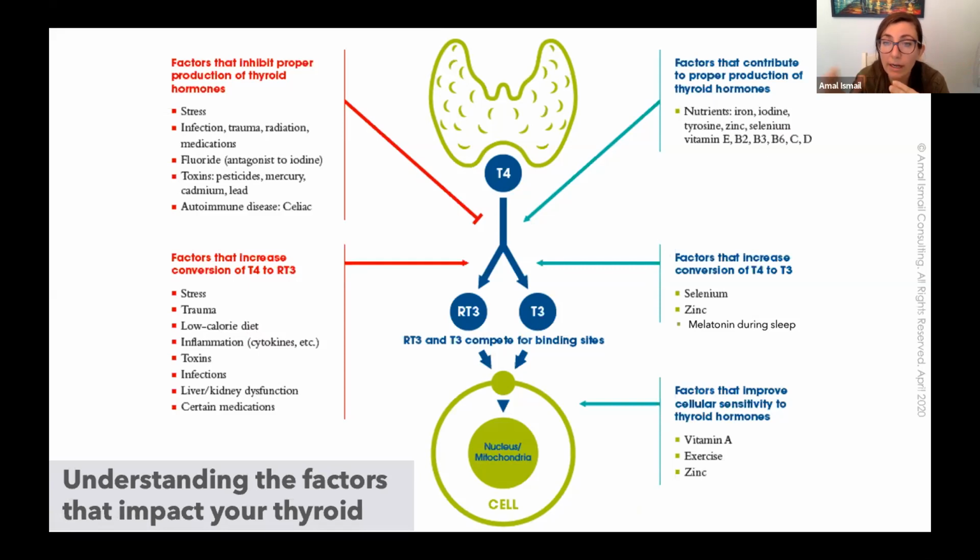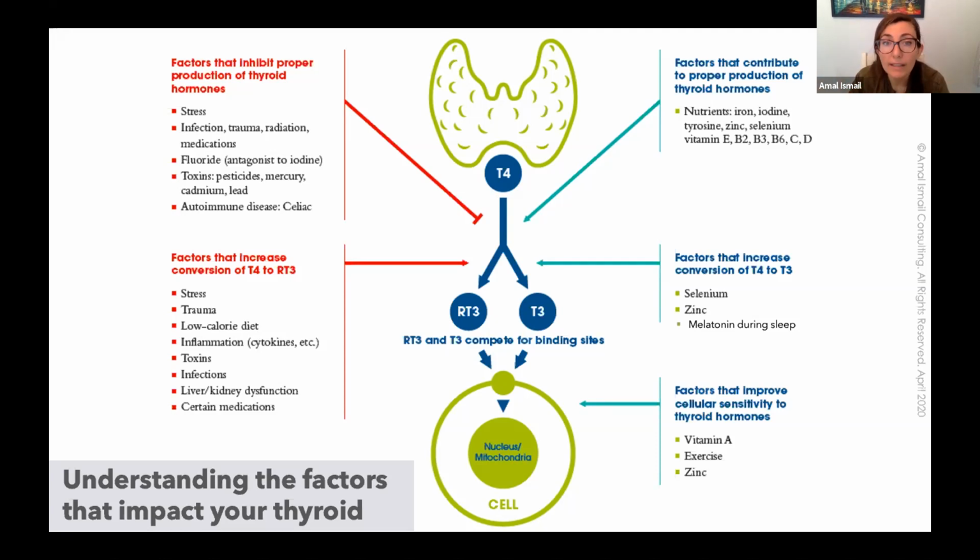And then on the right hand side of the screen, you have factors that contribute to healthy production and conversion of these hormones, and improve sensitivity at the cellular level. You can see here that there are so many points of intervention that we can address in conjunction with medication, or prior to medication.